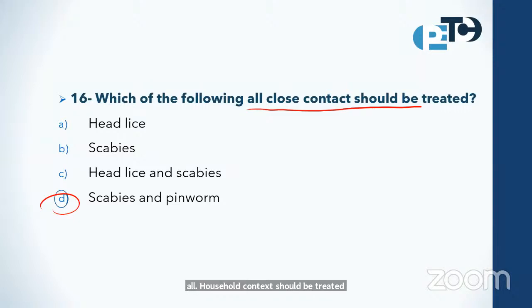They should be examined only. But if any person is infected, he should be treated. If not, he should not be treated. But if the person shares items with the infected person, he should be treated in this case. Right. Okay.